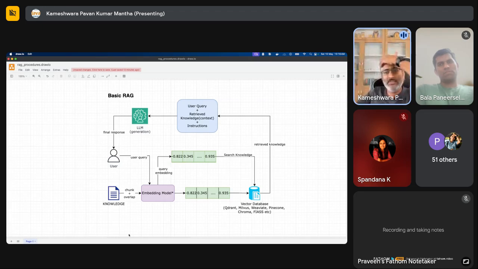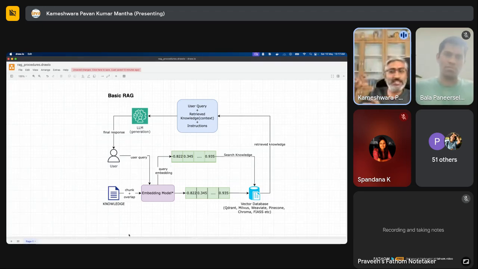That is where we call it the chunking strategy. So you chunk the whole knowledge into parts and then push it into some kind of storage mechanism, which for now you can think of as databases, but these are special databases called vector databases.